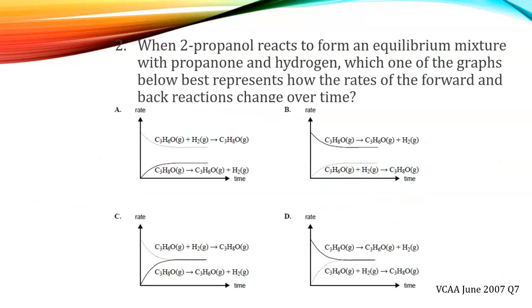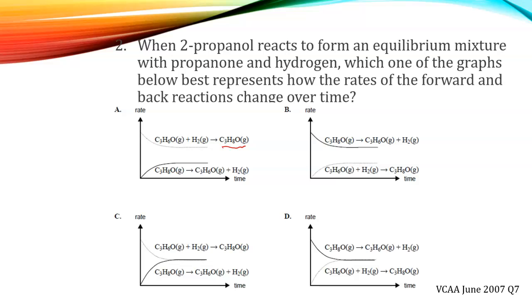Second question, when 2-propanol, now I know we haven't done organic chem yet, but you've got equations that show you the formulas, and maybe you'll remember that 2-propanol or propan-2-ol has 3 carbons and 7 hydrogens and an OH. So it's C3H8O. So when propan-2-ol reacts to form an equilibrium mixture with propanone and hydrogen, which one of the graphs below best represents how the rates of the forward and backward reactions change over time?